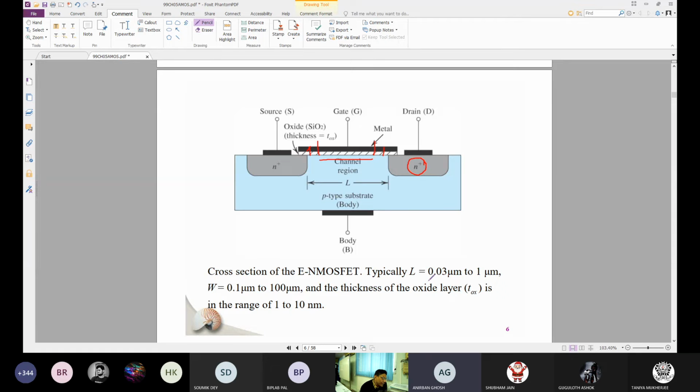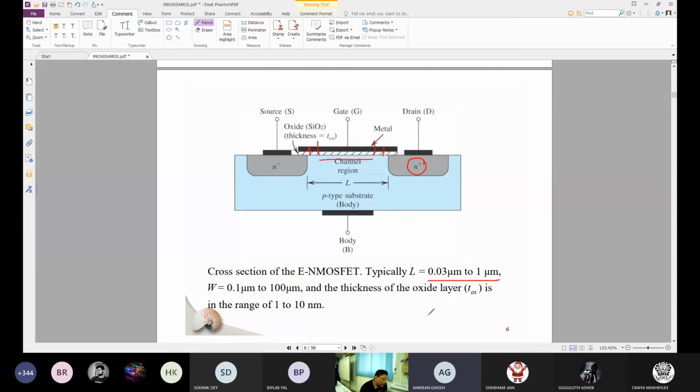So the length, you can see, is of the order of 30 nanometer to 1000 nanometer. And the transistor that has gone into your cell phone will be of the order of even less, maybe 10 to 20 nanometer.